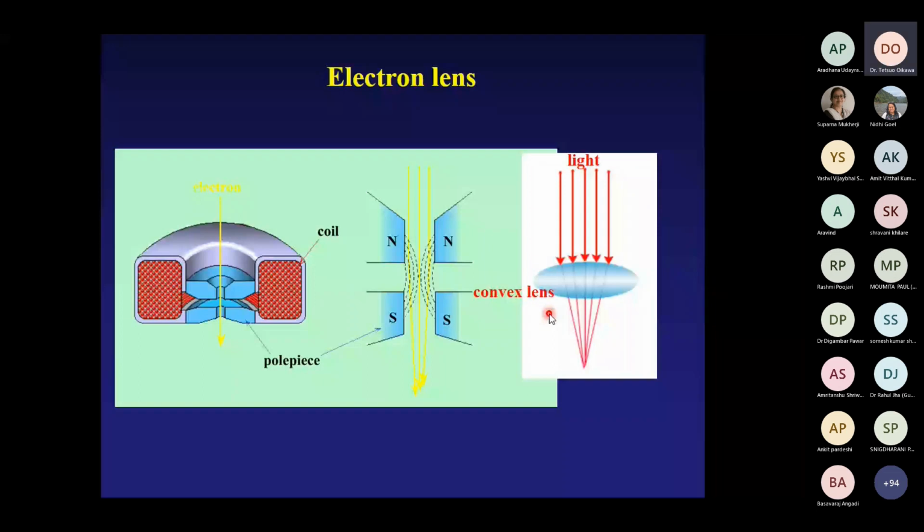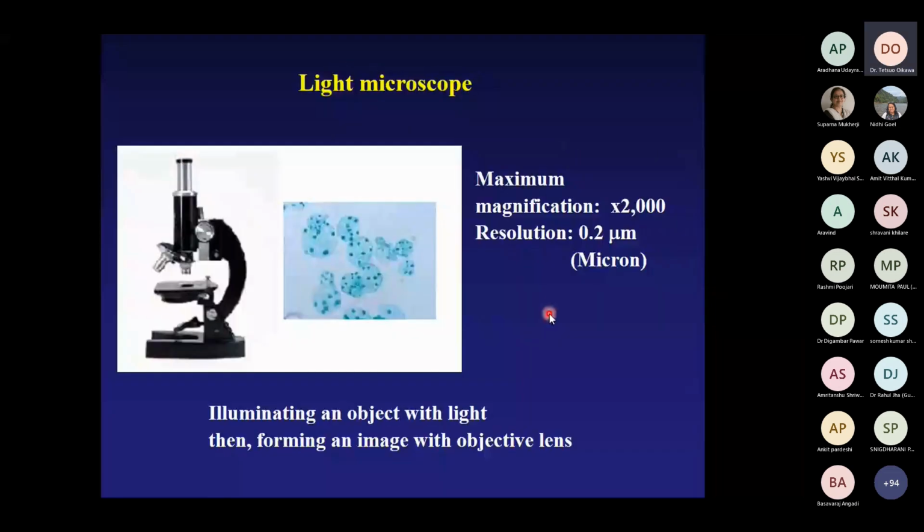You are very familiar with the optical microscope, with a lens made of glass and illuminated by visible light, but the magnification is almost limited to 2000 times, and the resolution is about 0.2 micrometer. This is due to the wavelength of visible light.